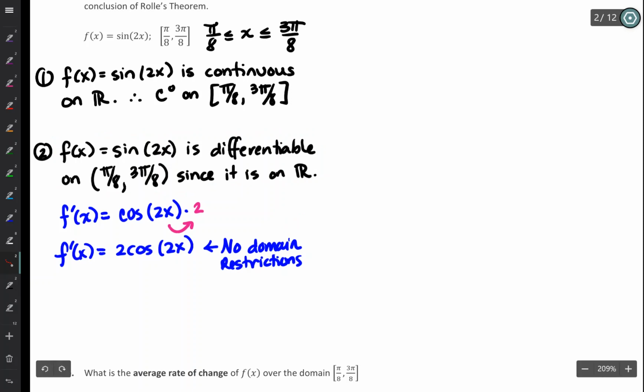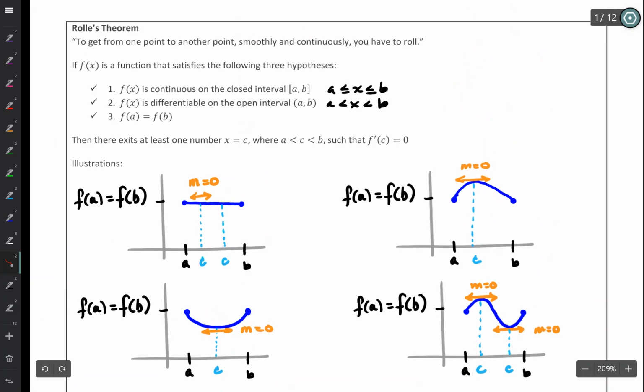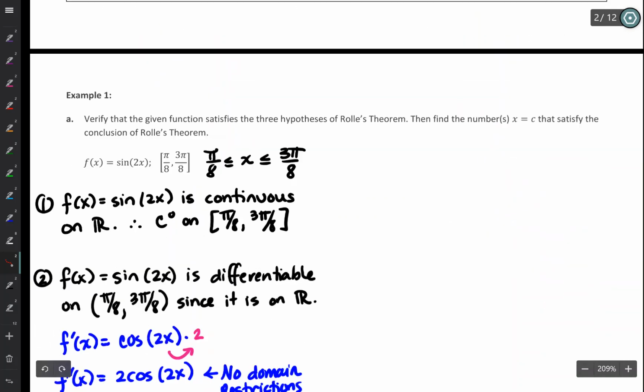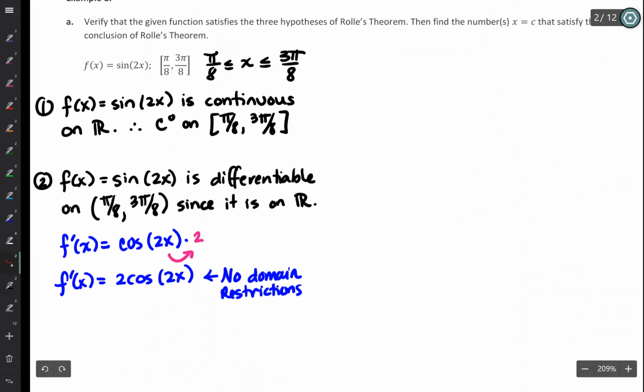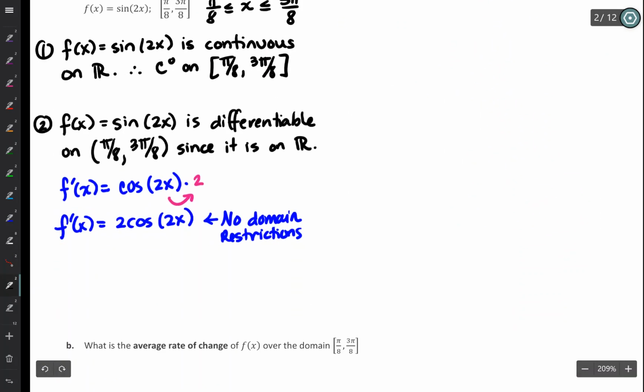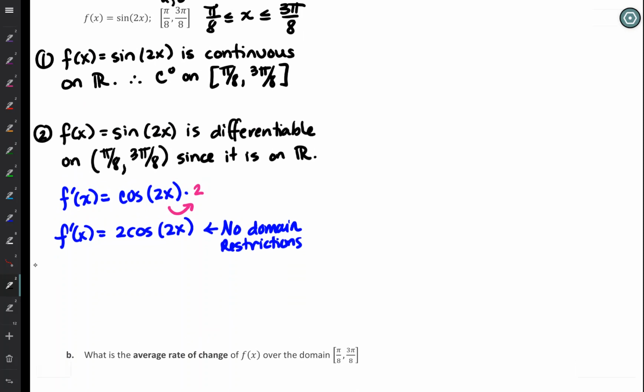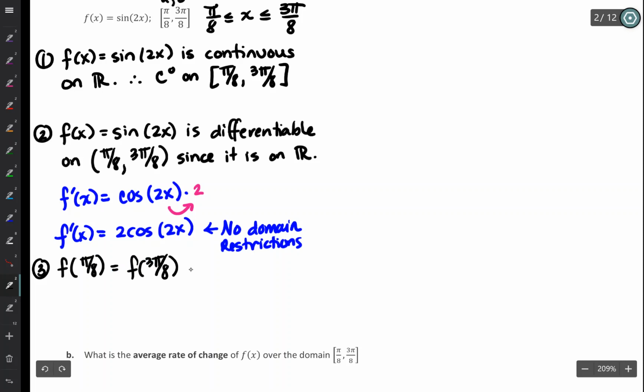The third statement is that the function sends the endpoints to the exact same y value. So here's your a and your b. We need to show that f of pi over 8 is equal to f of 3 pi over 8, and we're going to do that right here.